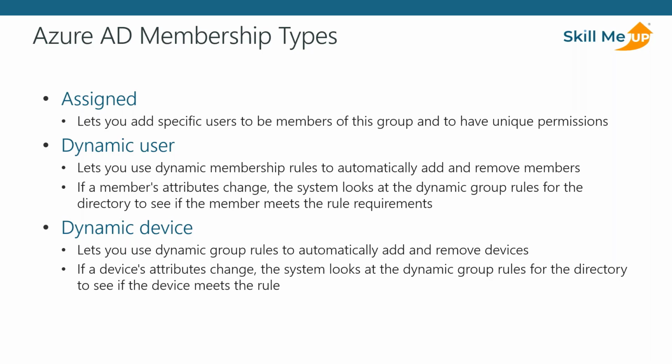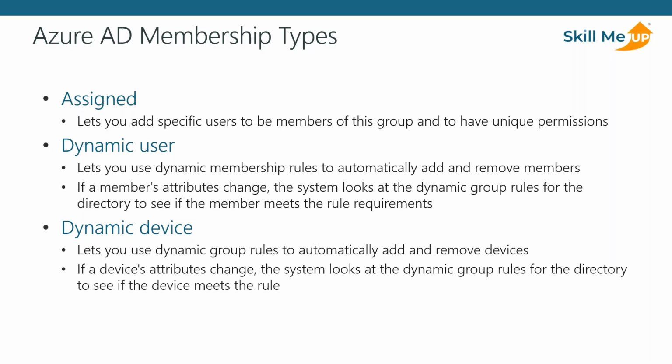Now, in Azure AD, we have 2 dynamic capabilities that are available. This is based on licensing too. So, for example, you can use dynamic membership rules to automatically add and remove members. So if a member's attribute changes, Azure AD will then either keep them in or remove them based on those properties. There's also a dynamic device.